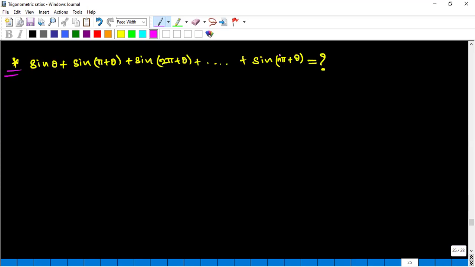If n is odd, the result is 0. If n is even, the result will be sine theta.